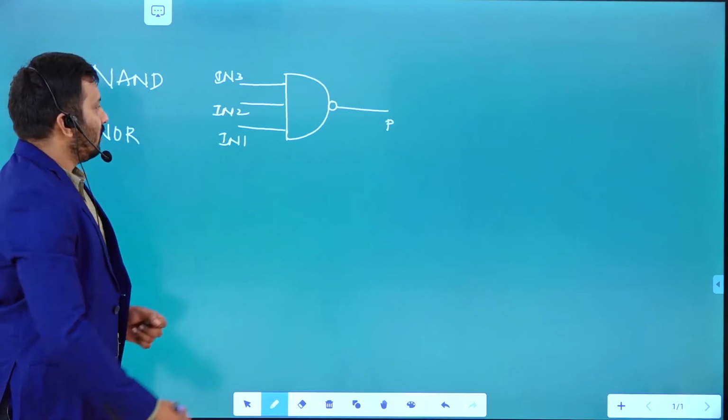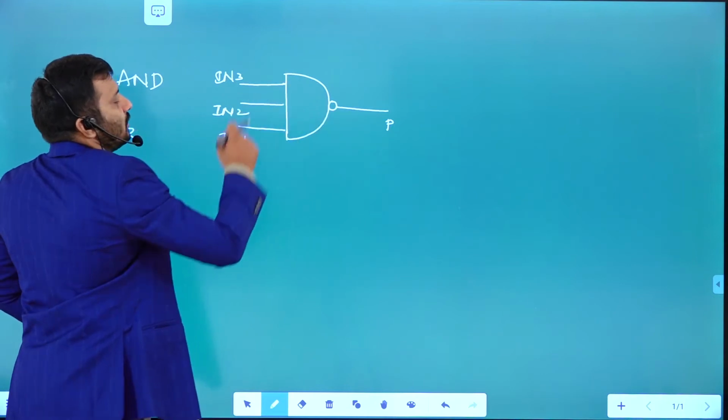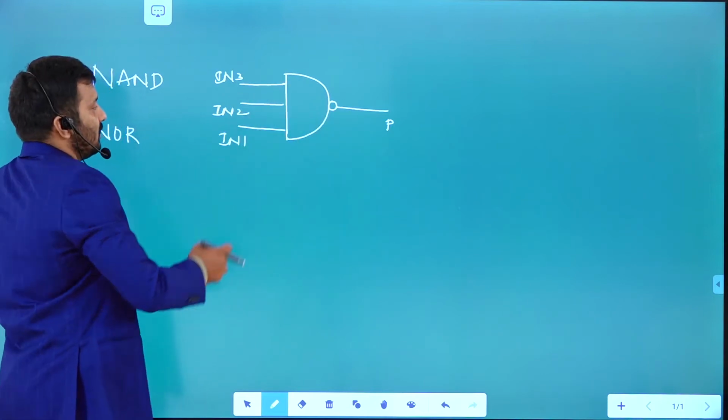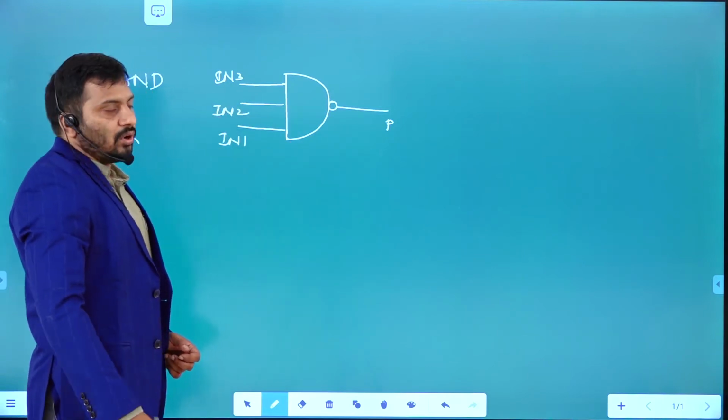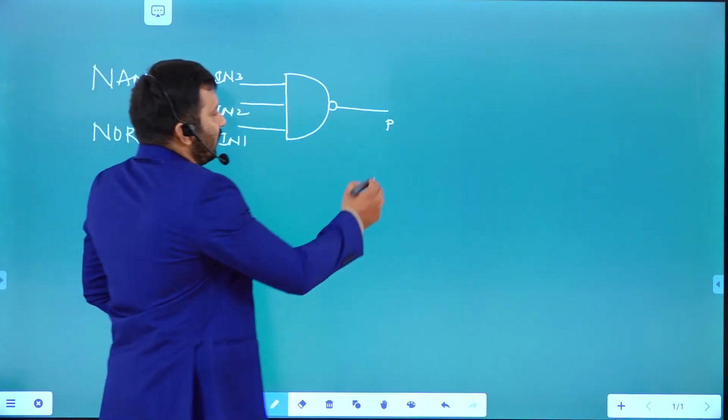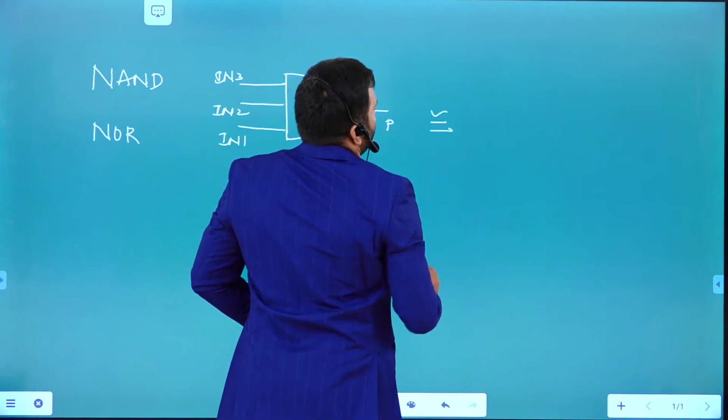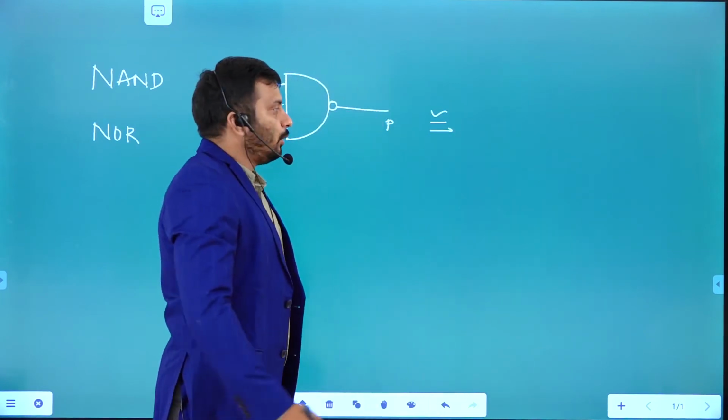According to the NAND gate, if all are ones, then only the output is 0. If any one is 0, the output is 1 for the NAND gate. So the equivalent ladder logic is going to be present like this.